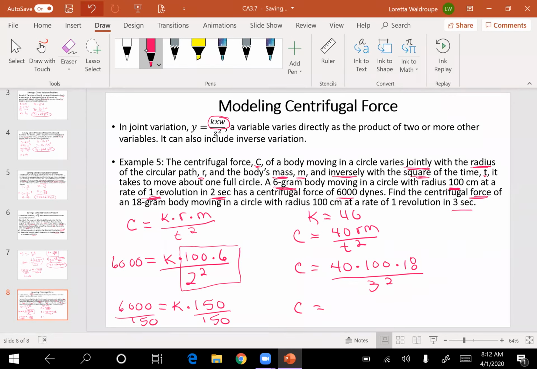So 40 times 100 times 18 divided by 9. And I get 8,000, okay? And when you're talking about centrifugal force, they use dynes, okay? And that ends the lecture for 3.7.